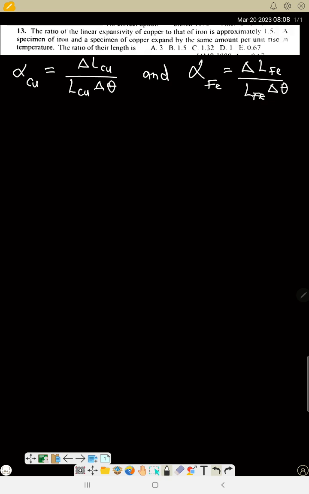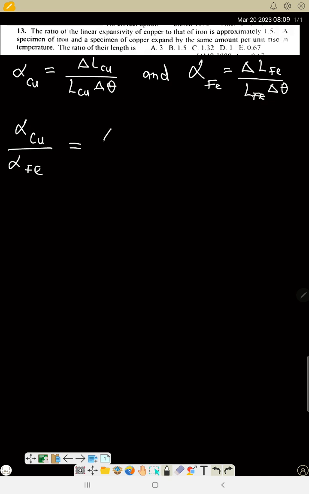So now, if you look at the question, the ratio of linear expansivity of copper and that of iron. So I'll put the two in ratio. That means alpha of Cu divided by alpha of Fe, that is linear expansivity of copper divided by linear expansivity of iron. So we have it here.